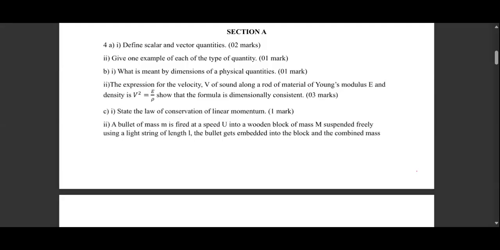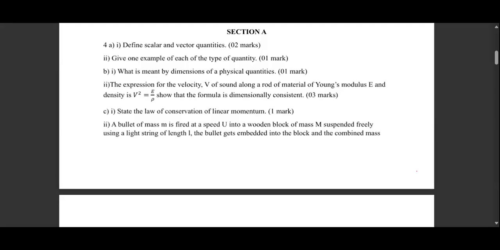Or someone else can say this refers to the powers to which the fundamental quantities are raised to produce derived quantities. And here we have the fundamental quantities. We have mainly 3 examples of fundamental quantities: mass, length, and time. Those are the major fundamental quantities that we focus on at this level.